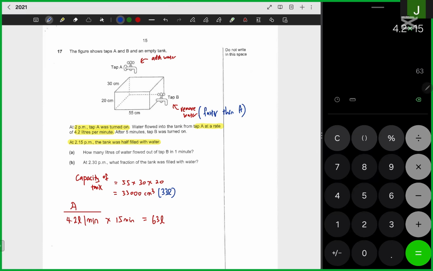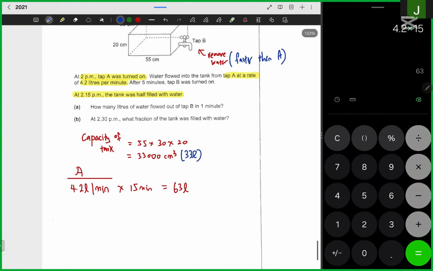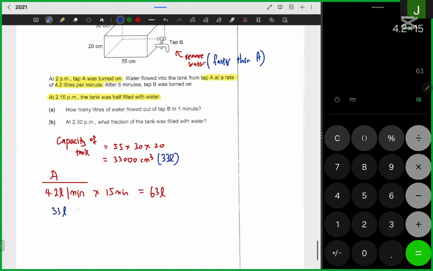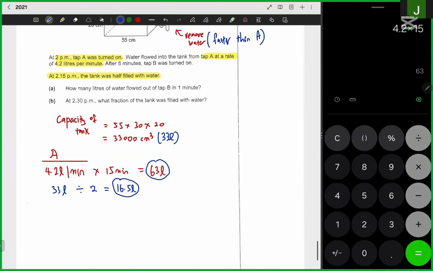Now at the end of 2:15, my tank was only half filled, so 33 liter divided by 2. So that means there is only 16.5 liters of water in the tank, correct? I know that tap A put in 63, but I'm only left with 16.5, which means that how much water flow out? 63 minus 16.5. 46.5 liters of water flow out, but in how long?